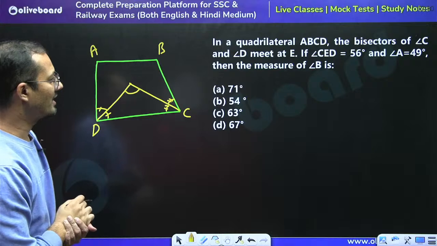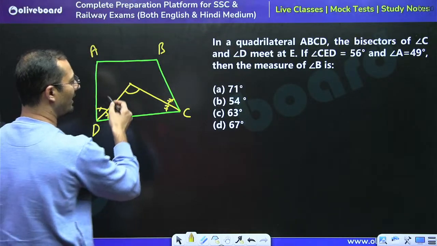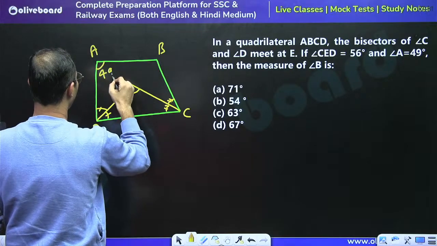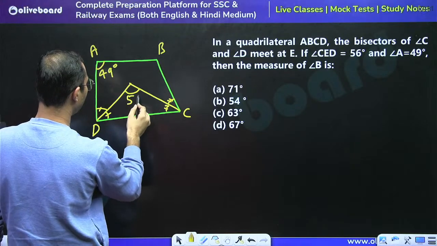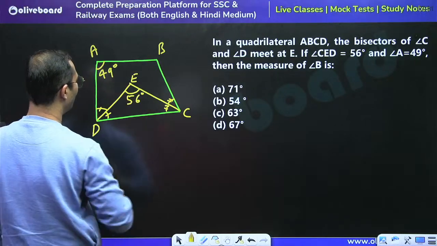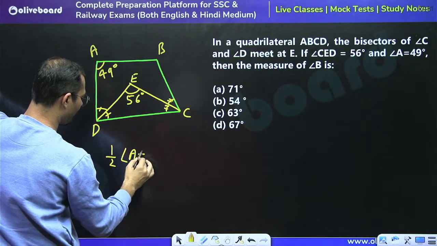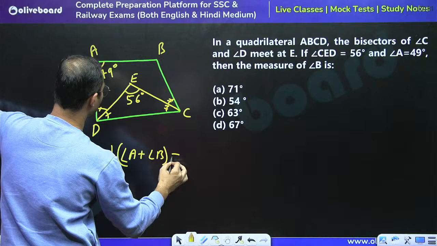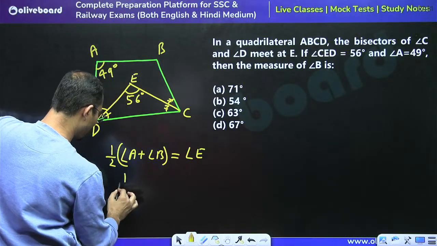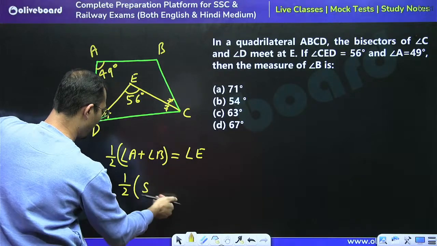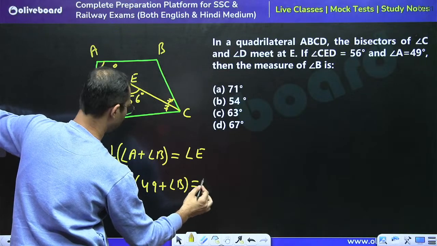Yes, is this clear? So simply we can say that if angle A is equal to 49 and this is equal to 56 degrees, right? Then half of angle A plus angle B is equal to angle E. So half of 49 plus angle B is equal to 56.